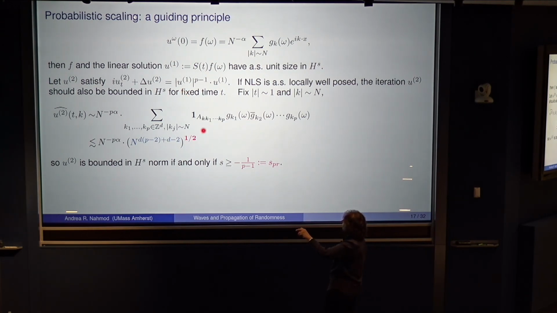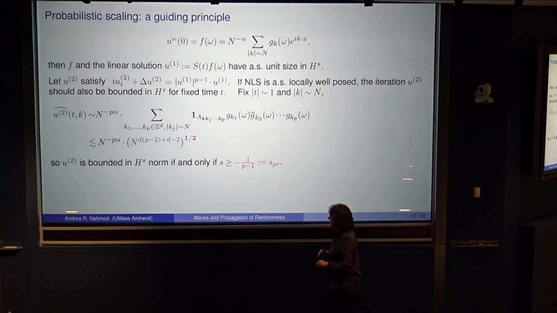And then you have some set here, which I'm going to call A(k, k1, ..., kp), which simply comes from the algebraic relationships that you have when you take the Fourier transform of a product of p functions. What do you get? You get the convolution on the Fourier side, and so you have some algebraic relationships between the frequencies. And because these are linear evolutions, you also get some relationships between the dispersion relations. You have also this resonant equation.